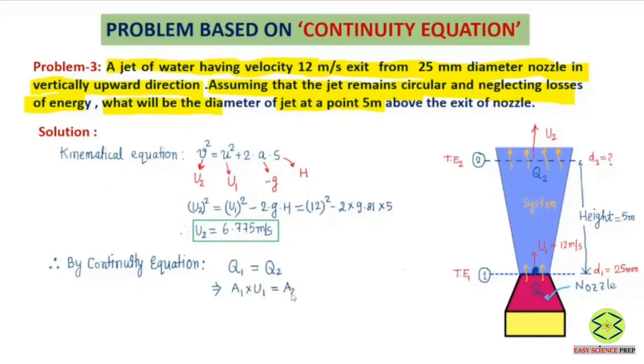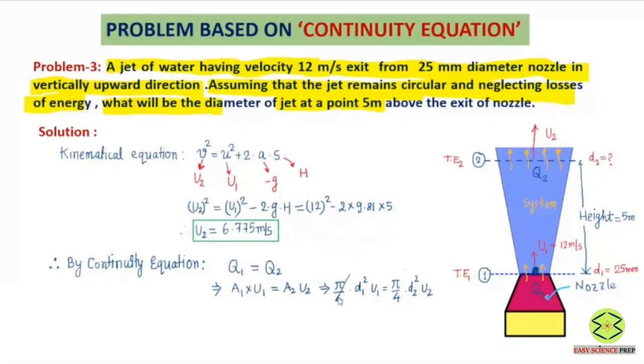So A1 U1 is the same as A2 U2. So we know the diameter at section 1 and we have to find the diameter at section 2. So the area at section 1 is given by pi by 4 d1 square. U1 equals pi by 4 d2 square times U2. So pi by 4 d square is the area at a given section.